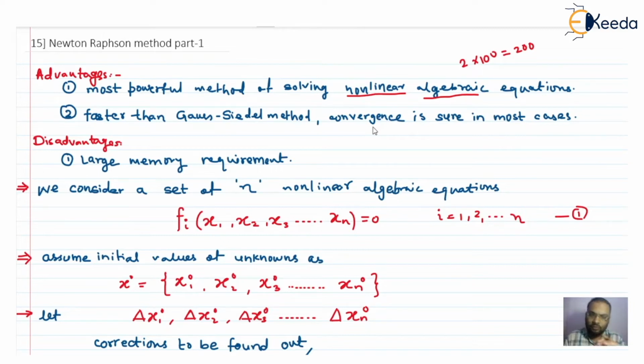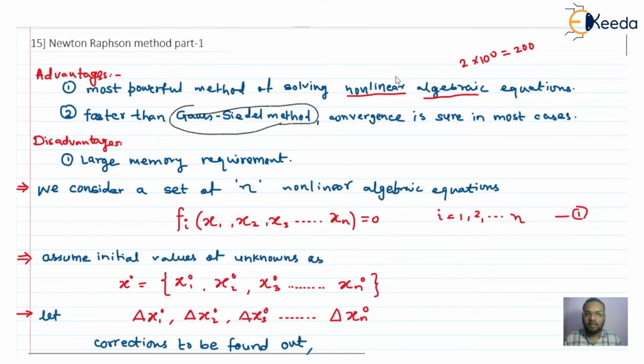The Gauss-Seidel method was very sensitive to the initial assumptions, but that is not the case in the Newton-Raphson method. It is not that sensitive to the initial assumptions. That is why it is said that convergence is sure in most cases, as it does not rely on the initial assumption. These are the advantages of the Newton-Raphson method.